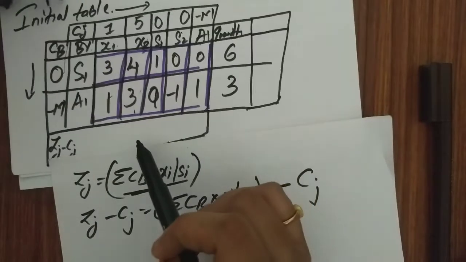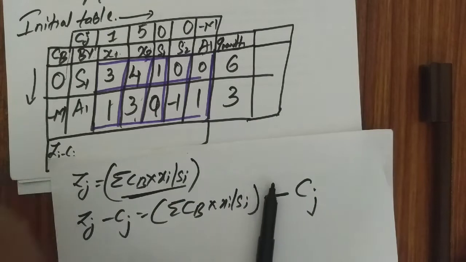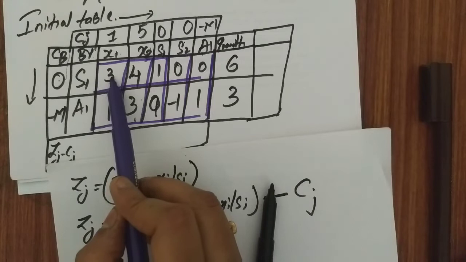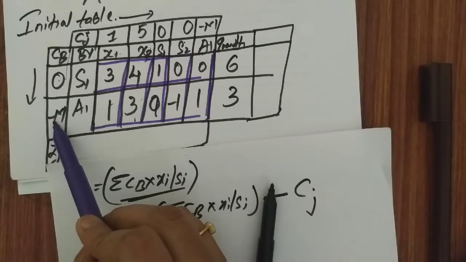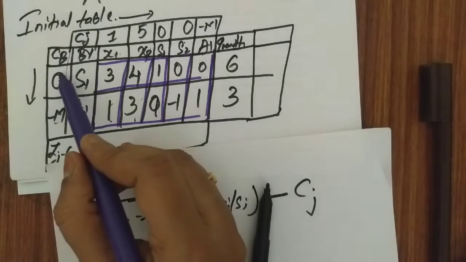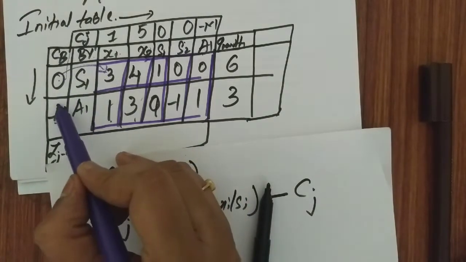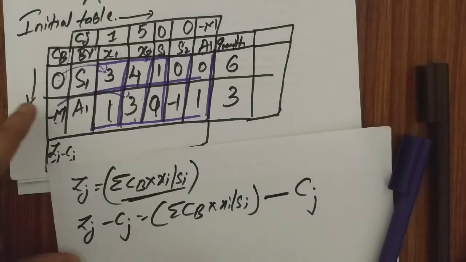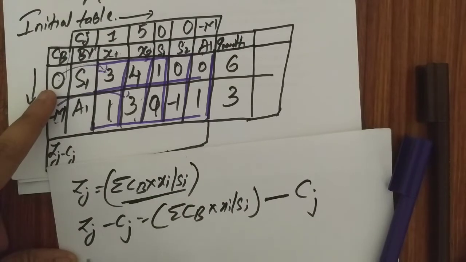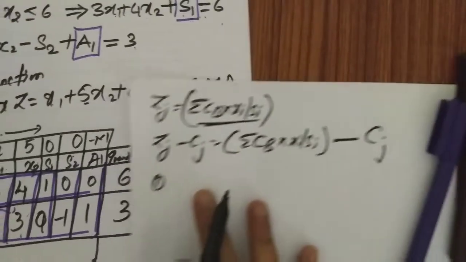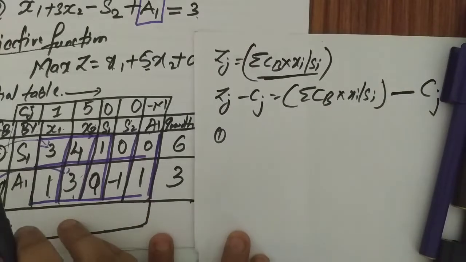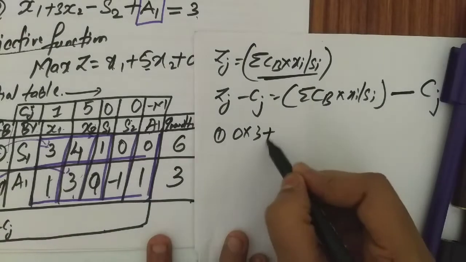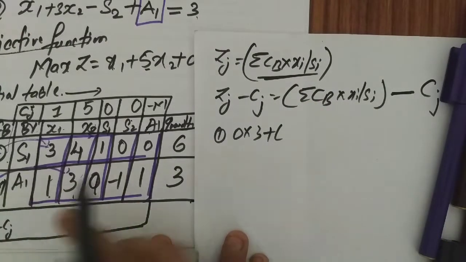So we will start performing the process here. You can make a note: Cb into Xi plus Cb into Xi. Since it is a summation, this into this plus this into this. First one: 0 into 3, plus, because it is summation, minus m into 1.